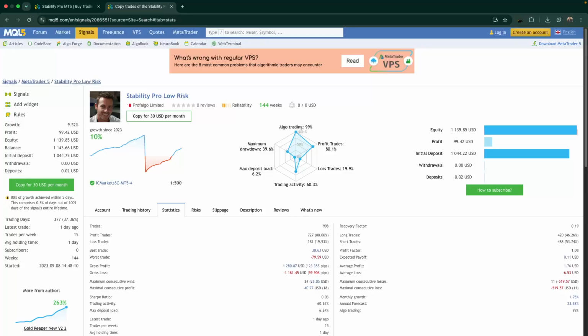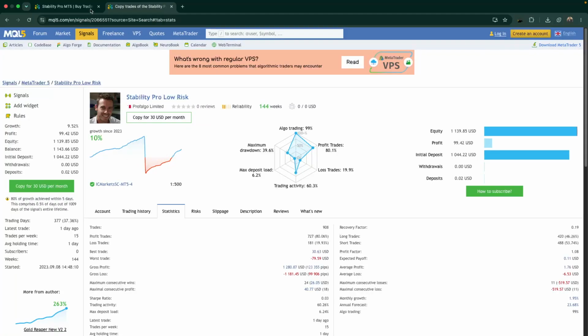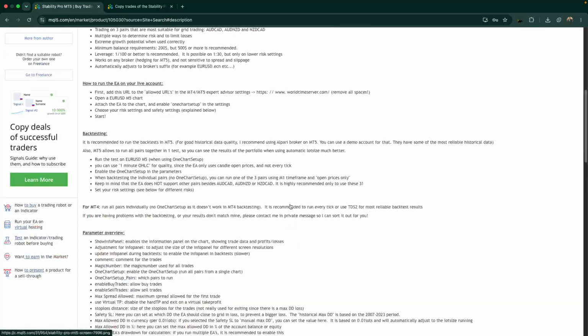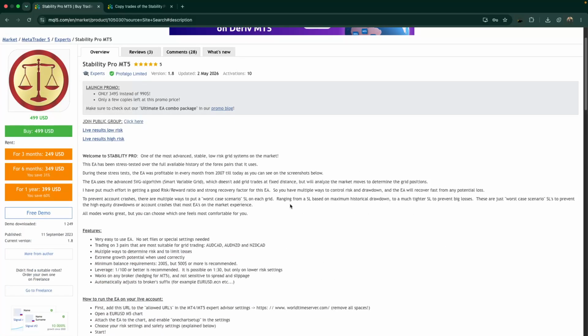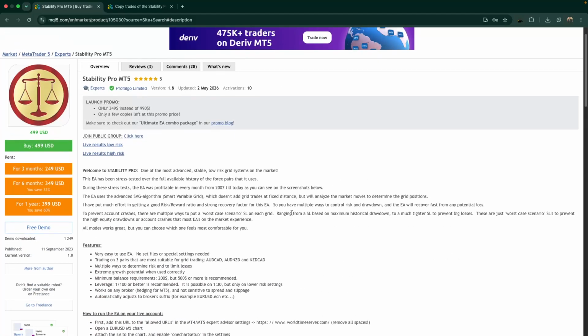My verdict for this EA is that it lives up to its name with outstanding drawdown protection and very steady behavior. The catch is the conservative approach can lead to smaller, slower profits, and it prioritizes not losing money over making big gains. It shines in normal market conditions but may grind slowly during strong trends or low volatility.